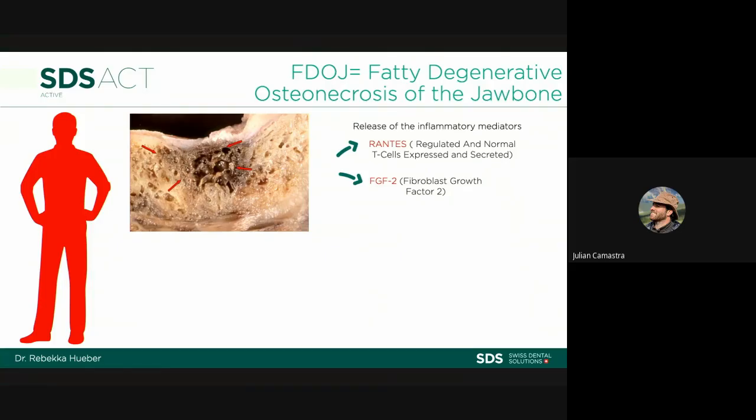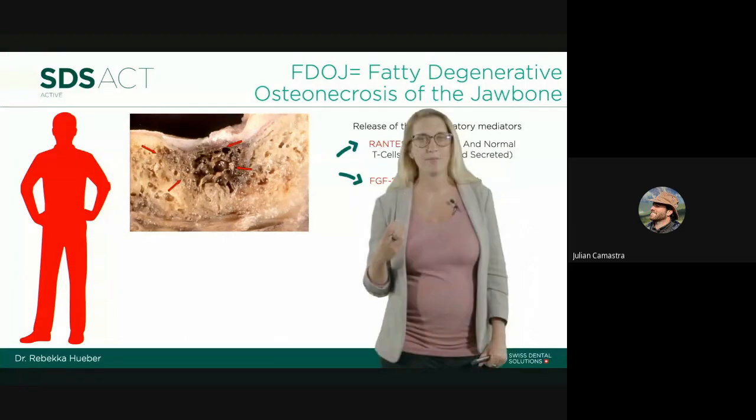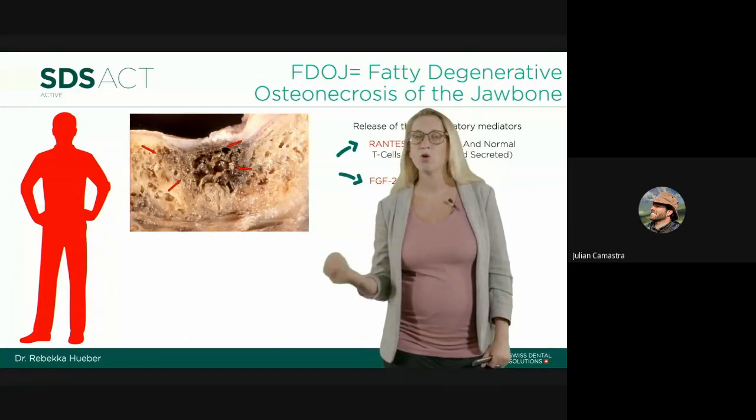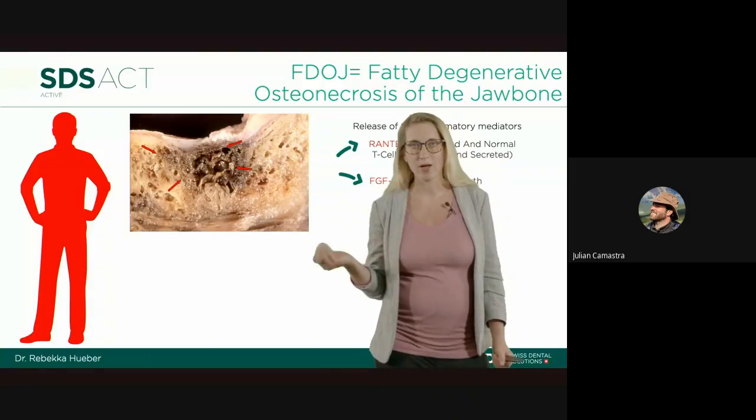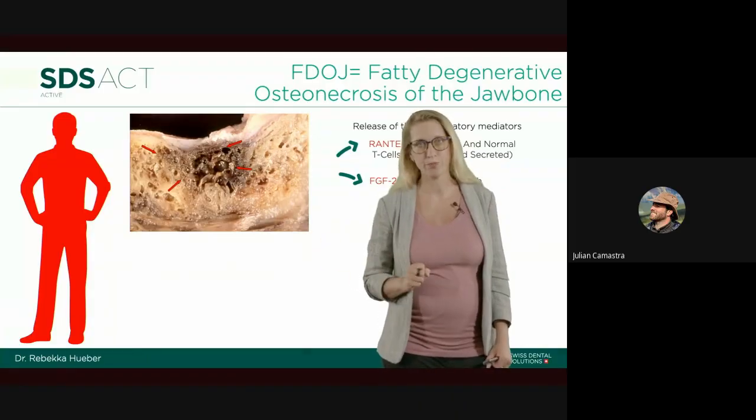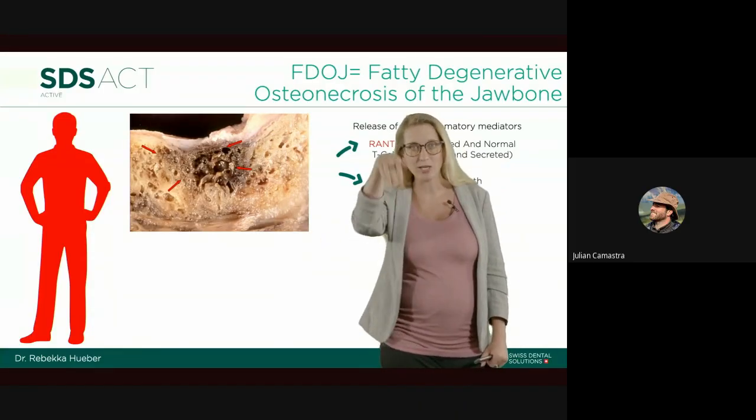And what does RANTES do? It is a normal cytokine that everybody has in his body. And it goes up if you have a wound, an open wound, for example. It is a chemotactical mediator, so it triggers the immune system to bring lymphocytes, granulocytes to heal this wound. Once the wound is healed, it goes down again.